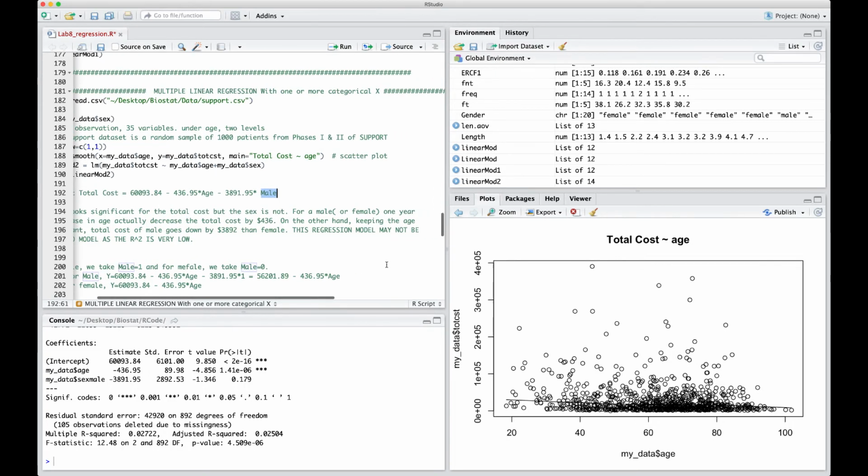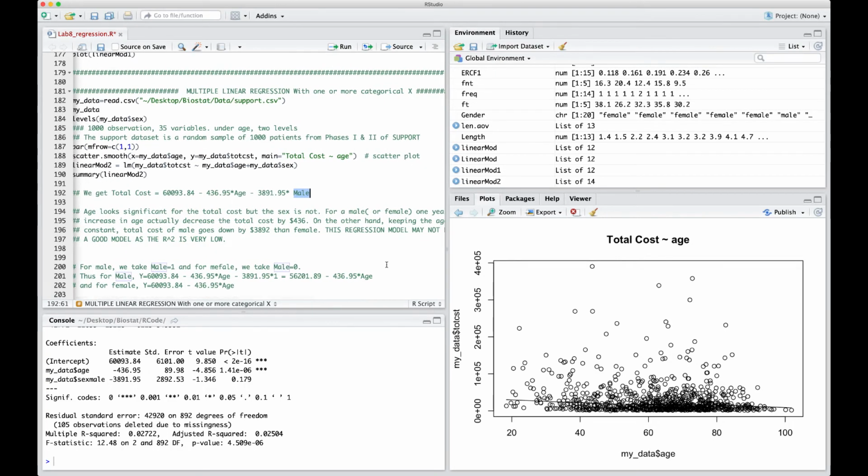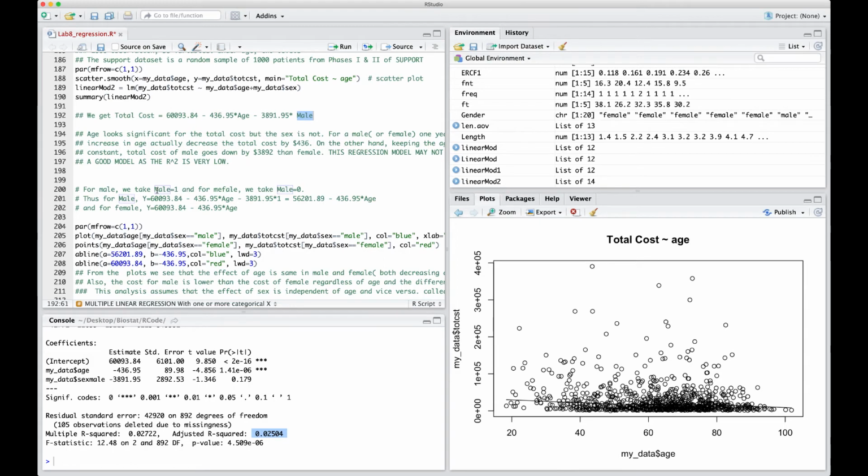So this regression model may not be a good model, as the R-square value is very small. You see that? The R-square is very, very small in this case. So for male, that's what I was talking about. For the male, we take male equals 1, and for female, we take male equals 0.